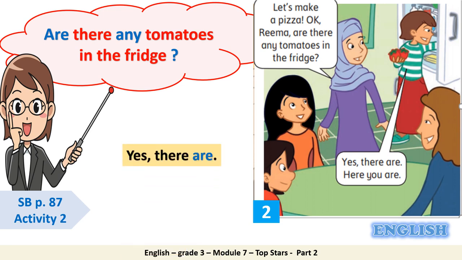Yes, there are. I have a question for you. Why did we write are and not is? Very good, because we have the plural form of the word tomato. To ask this question about a countable noun, we used any.